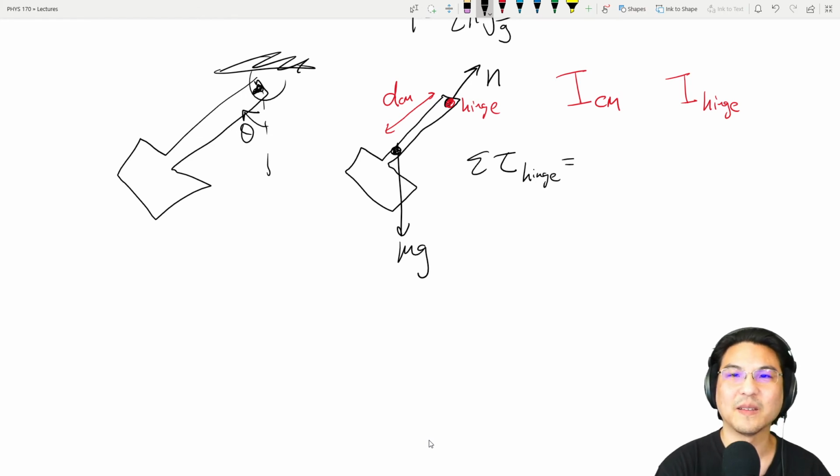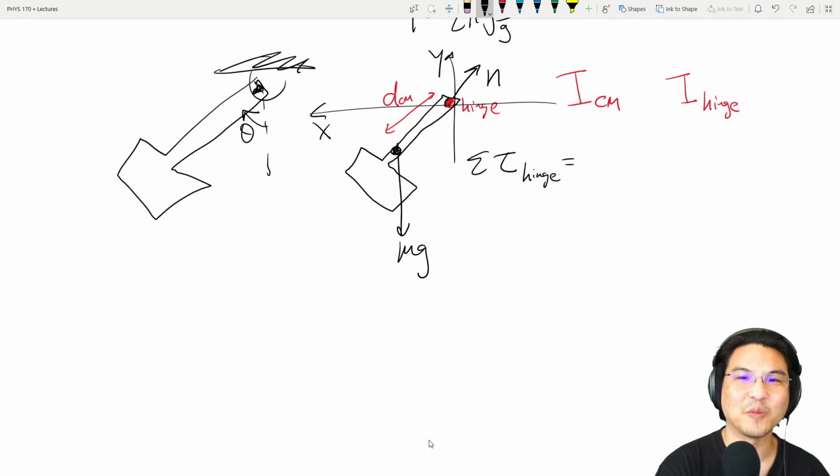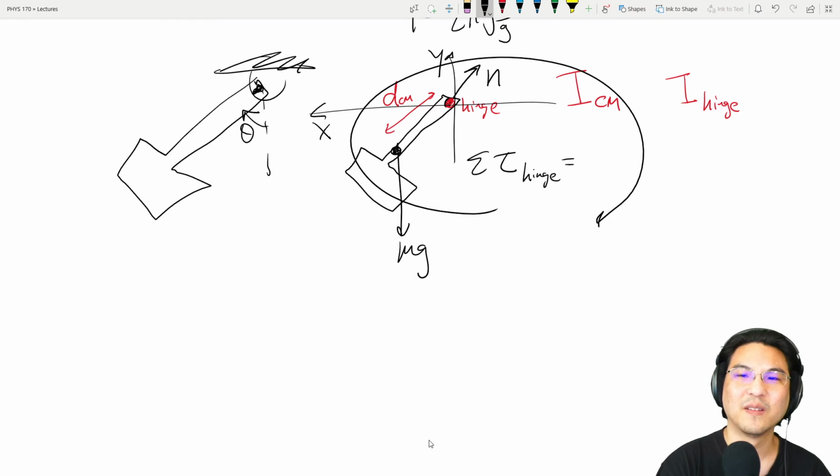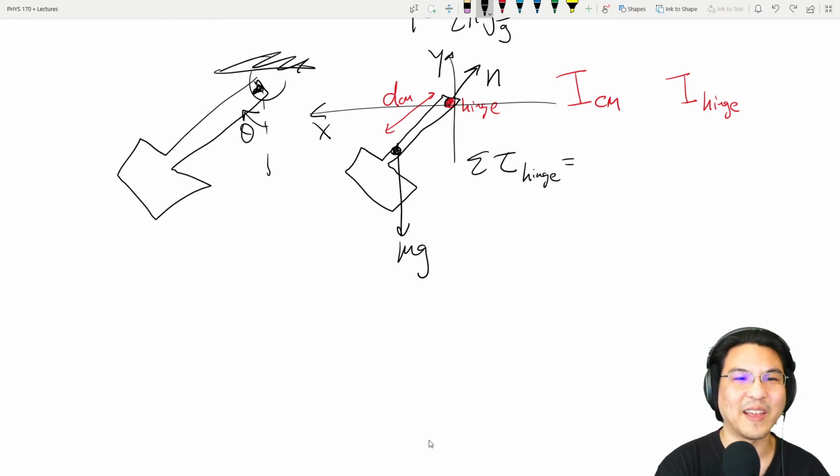Let's say I'll pick coordinates. If I say this is x and this is y, that means z would be positive going clockwise because the angle is positive going clockwise. That's why I picked that.